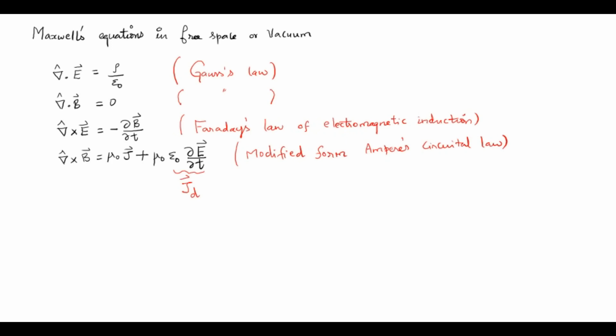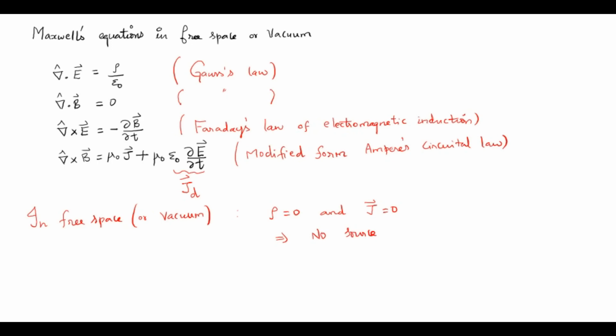Now what are we going to do? In free space, or in vacuum, what happens? The charge density is 0 and the current density is 0, which means no source.